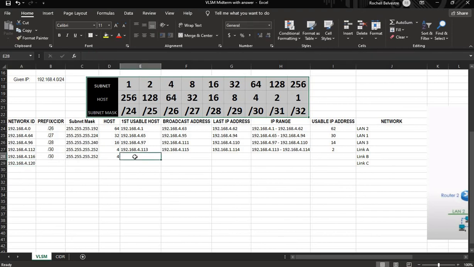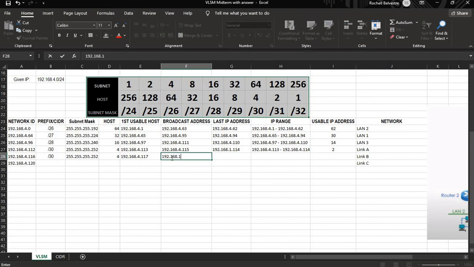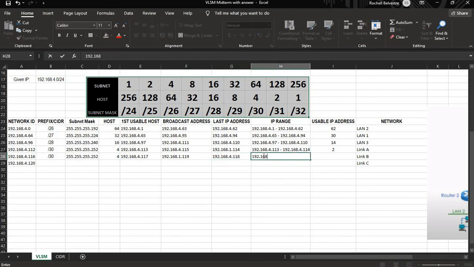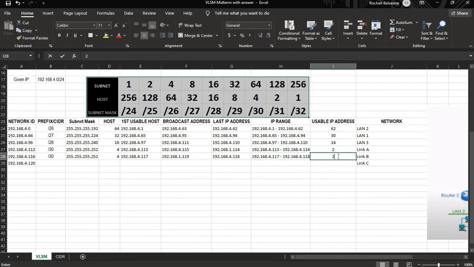The first usable host is 192.168.4.117. The broadcast address, again, is the network ID minus 1: 120 less 1 becomes 119, so 192.168.4.119. The last IP address is the broadcast address minus 1, so we get 192.168.4.118. So we have 2 usable addresses, enough for this link.